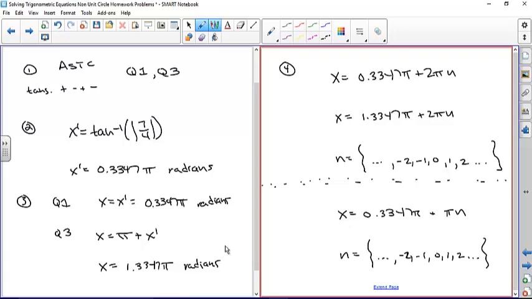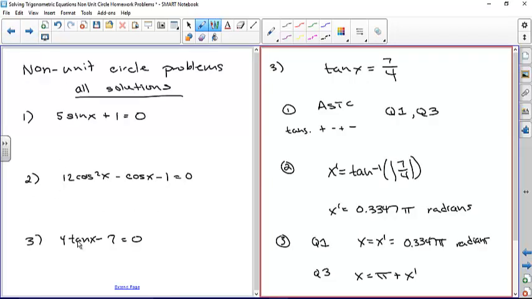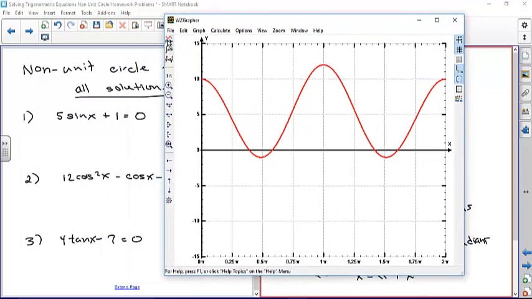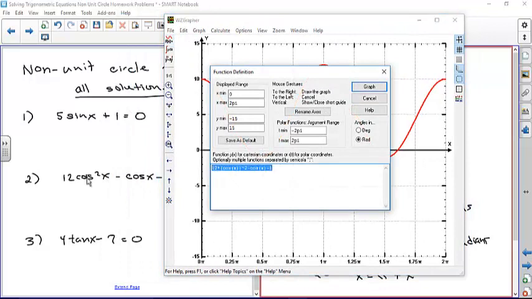Okay, so let's check and see if this thing actually is true or not. We're going to check this solution here, step 3, because we're just going to plot. So we have 4 tangent of x minus 7 equals y. So let's type that in. 4 tangent of x minus 7 equals y.